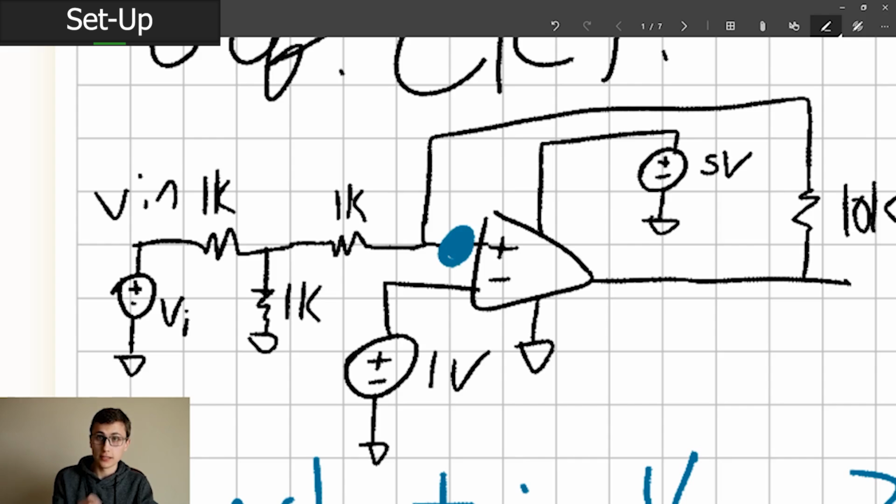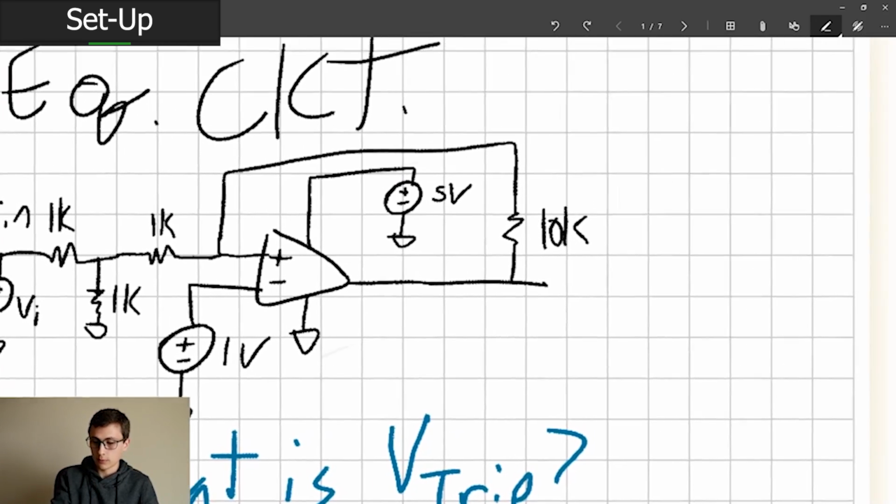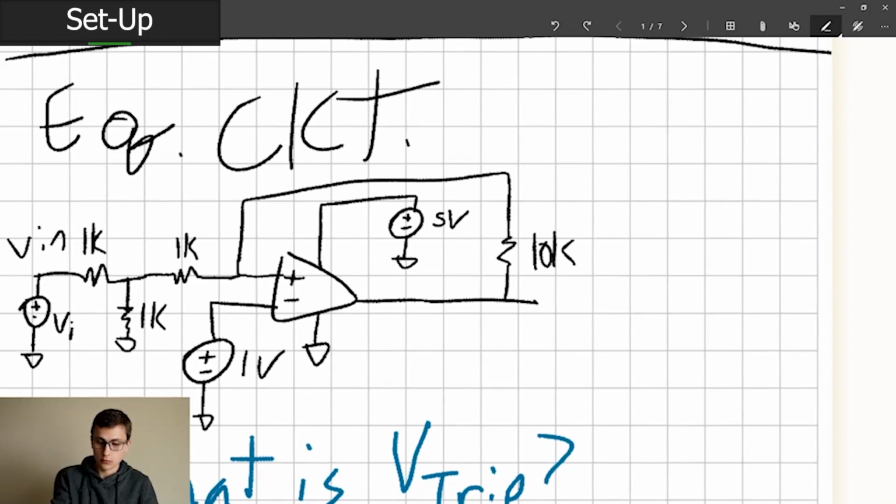When this is exceeding or falling below 1 volt, whenever that transitions around a volt, that's when this is going to happen. And just so you guys know, this is a pretty simple comparator circuit with hysteresis. This is the hysteresis resistor. It's basically going to tweak our trip threshold just a little bit. Prevents some oscillations.